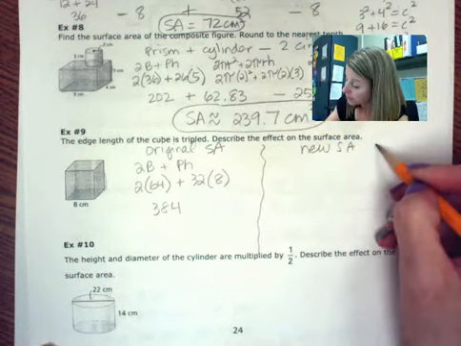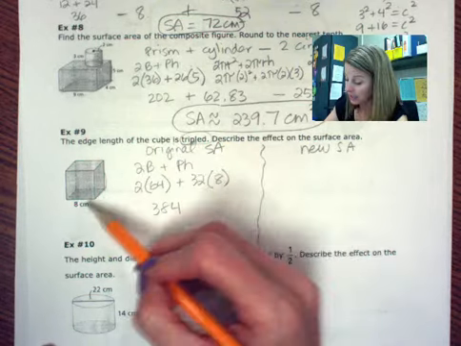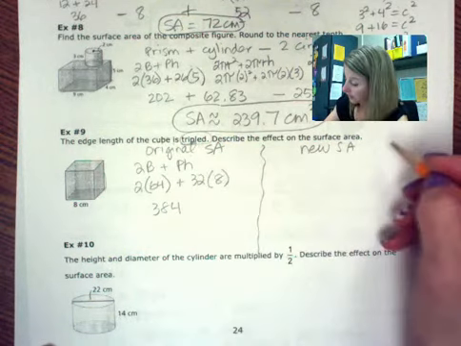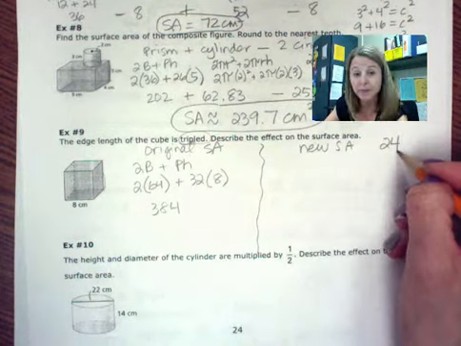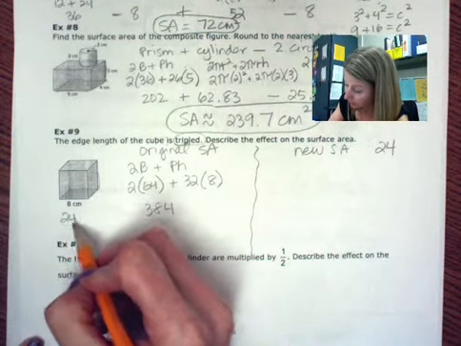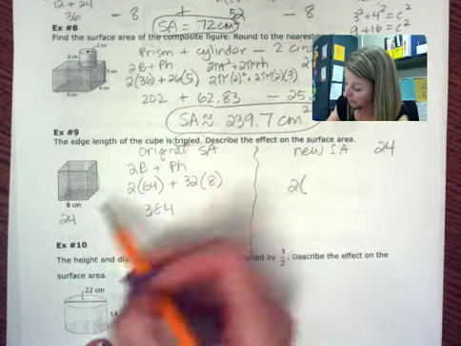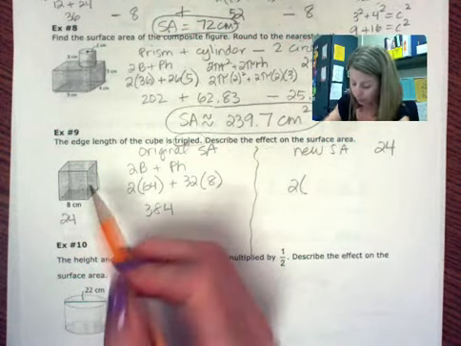So my new surface area, when I triple my dimensions, so 8 times 3, that's tripling, my new side length is 24. So I need to redo that. So if I write 24 down here, everything turns into a 24. So 2 times the base, well, the area of the base is 24 times 24.